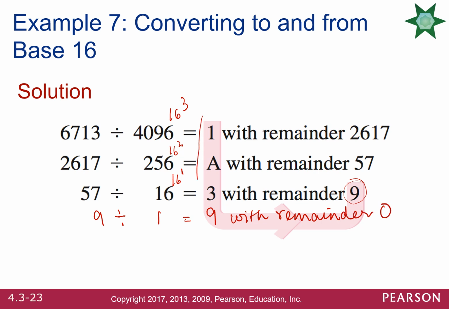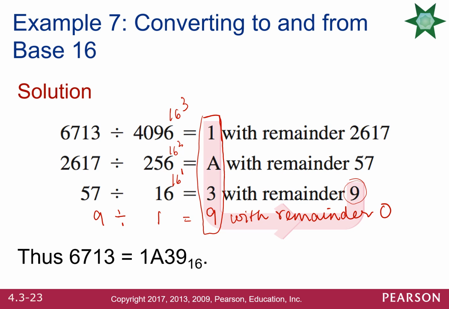And then we can put these four quotients together to come up with the base 16 equivalent of 6713. So the final answer is going to be 1A39. You see over here all the quotient values, 1A39.